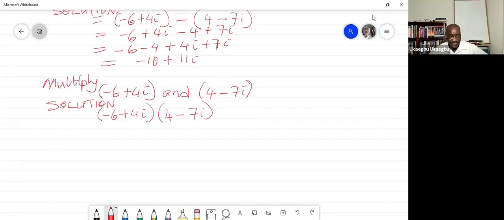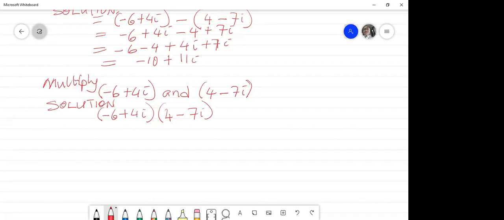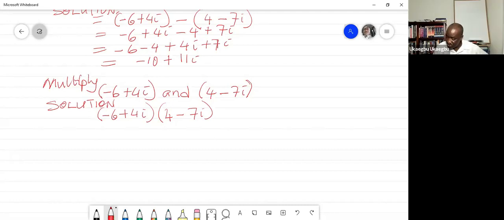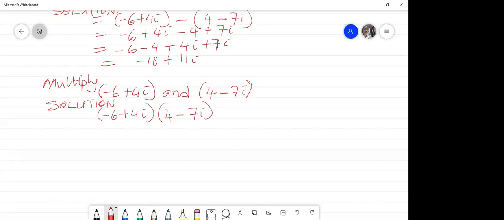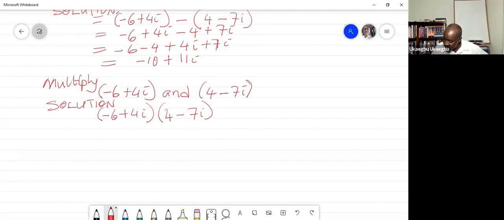Okay, all right, Adam, let's see. Give us a hint. First, we should multiply the negative 6 times the 4 and the negative 7i. Okay, so you are using distributive property, right? So he said we should do negative 6 times 4, which will give us what?